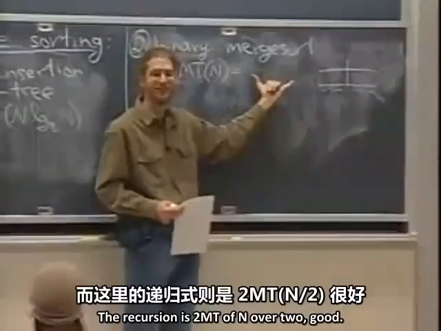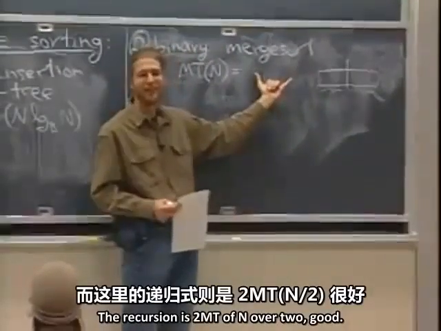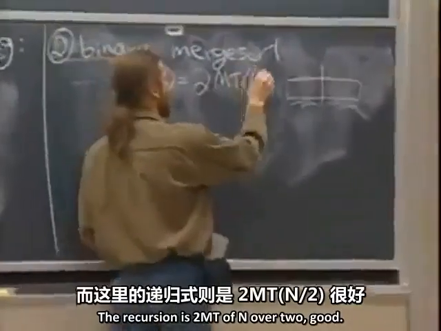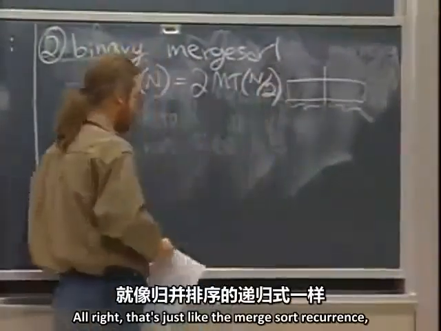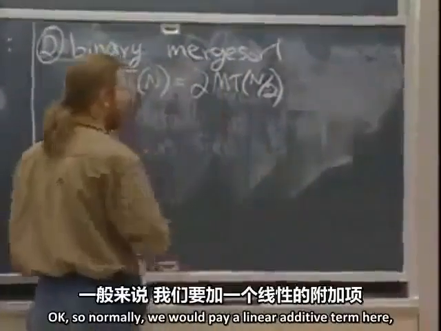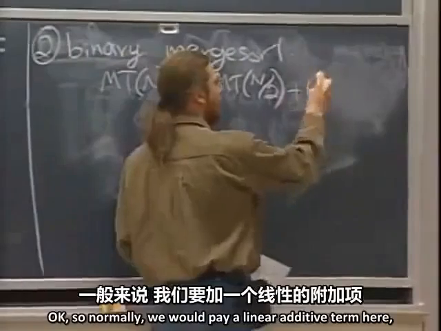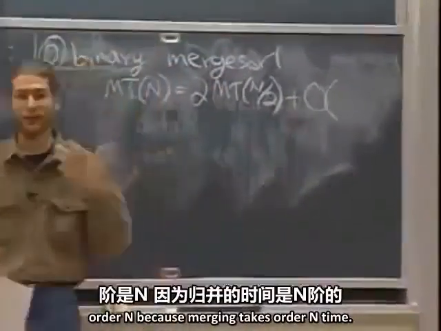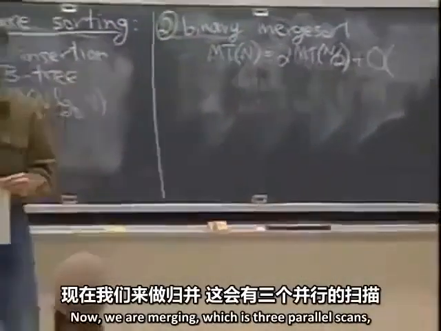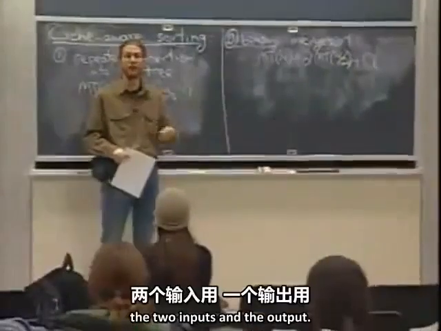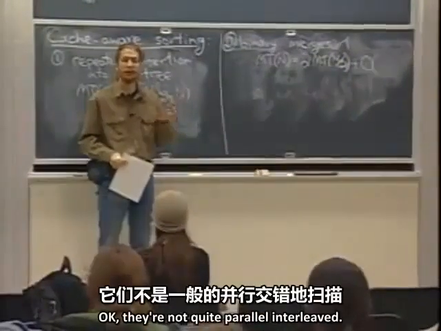The recursion is 2M T of n over 2. Good. Right, that's just like the merge sort recurrence. And it's the additive term that you're thinking about. Normally we would pay a linear additive term here, order n, because merging takes order n time. Now we're merging, which is 3 parallel scans, the 2 inputs and the output. They're not quite parallelly interleaved.